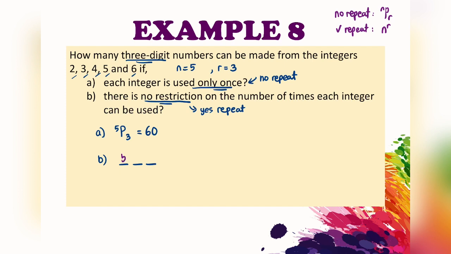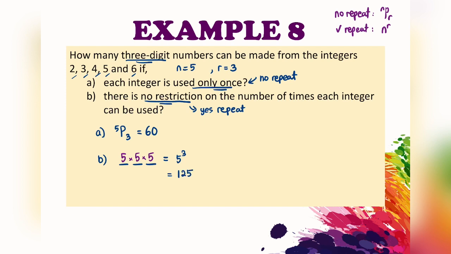Since we can repeat, if we have already used, let's say, integer 3 on the first place, we can still use it on the second place and the third place. So if this is 5, the second and the third place will be 5 as well. This results in 5 to the power of 3, and the final answer will be 125.